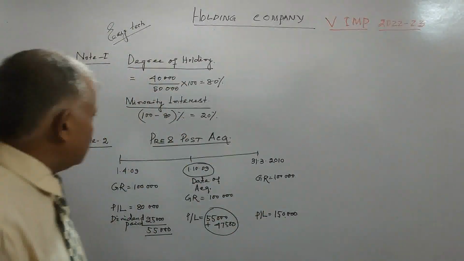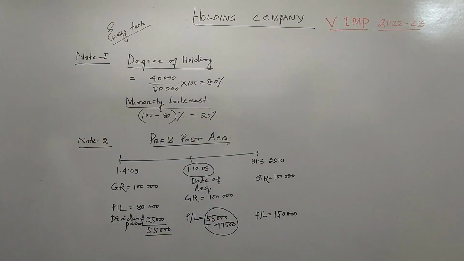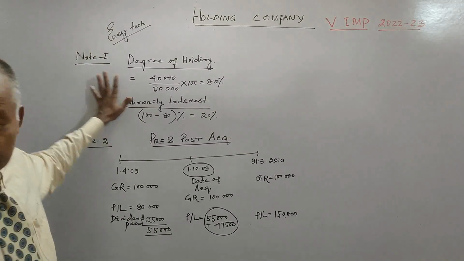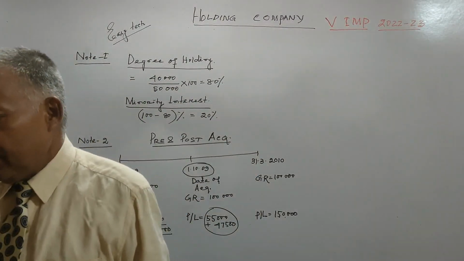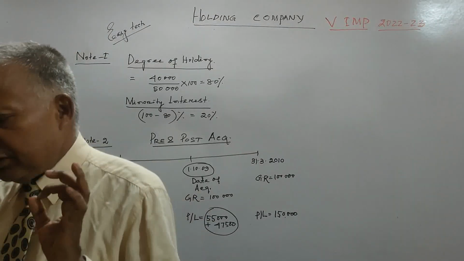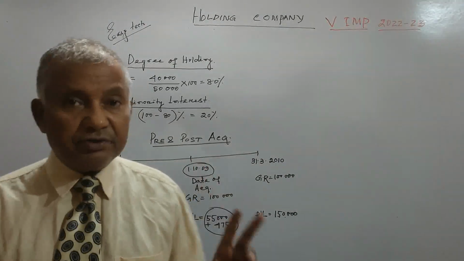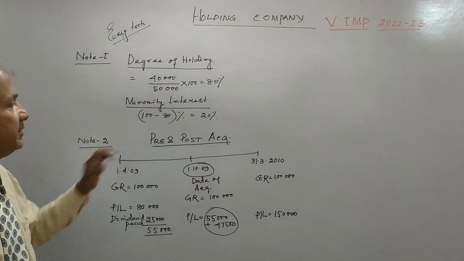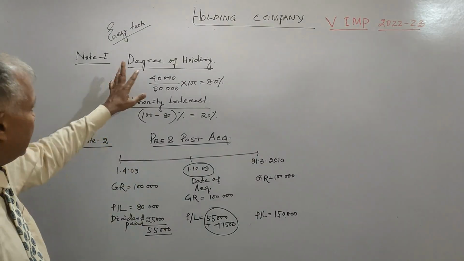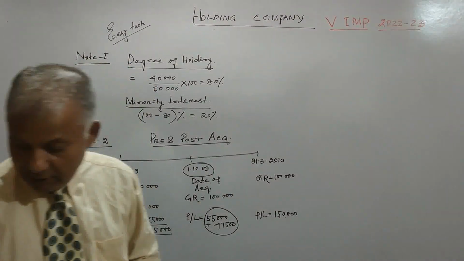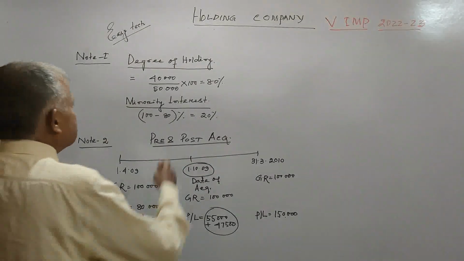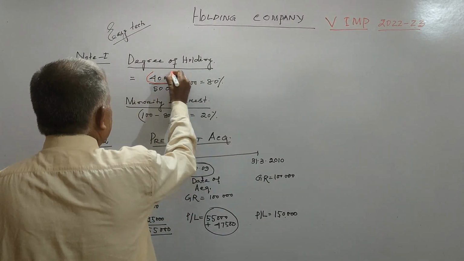If you go to the balance sheet, you will see H Limited is holding 40,000 shares in S Limited.